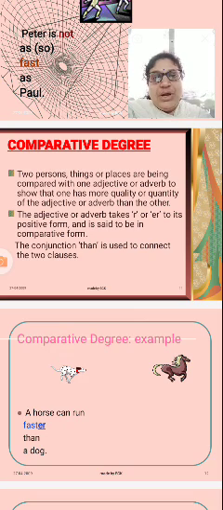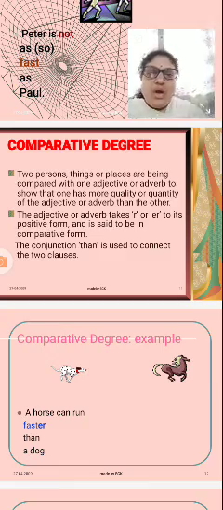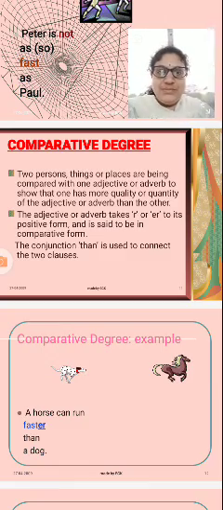So here also, the comparative degree takes the help of the conjunction to show equality or inequality, and also to connect or join the two clauses or phrases.